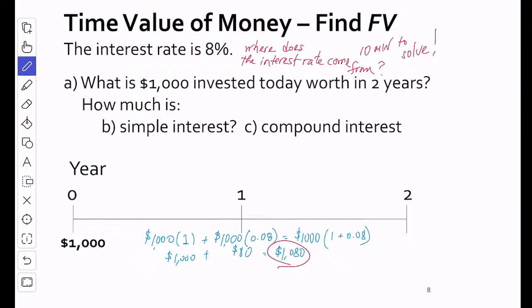that $1,080 is going to come back, but a little bit more, 8%. Okay. But what was this amount?